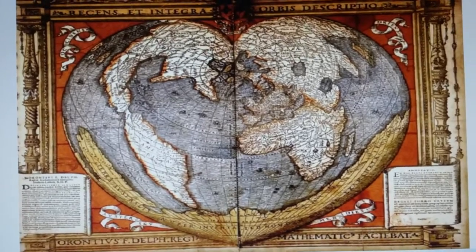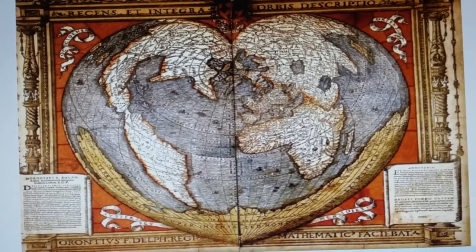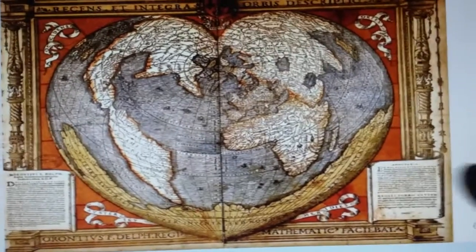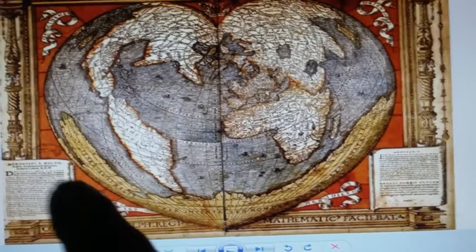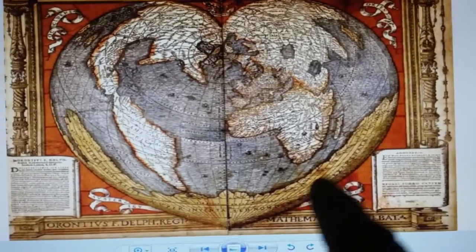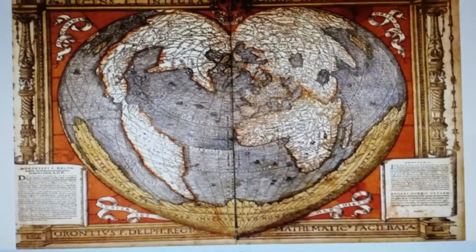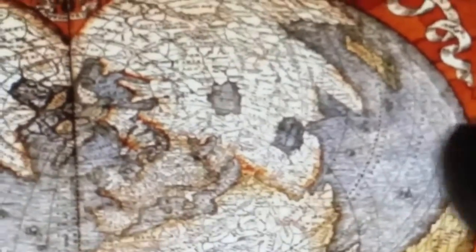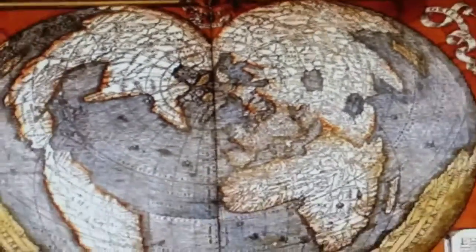Now, let's look at some real maps with the pillars of Hercules all included, the gates of hell, and Mount Mirror. There's not many maps that show you Mount Mirror or this cool face.